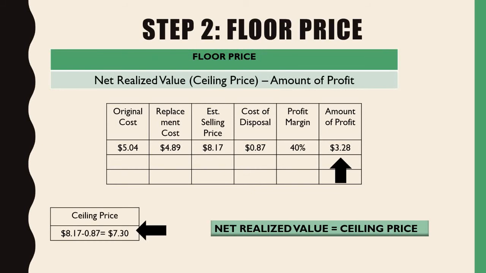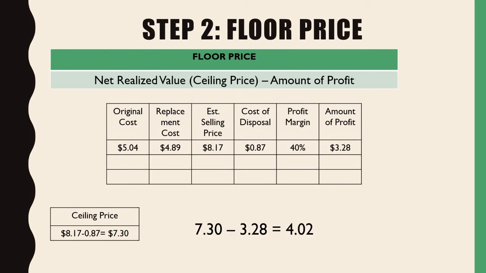Net realizable value is also known as your ceiling price, which is selling price minus cost of disposal, equal to $7.30. You take that $7.30 and subtract out your amount of profit, and your floor price is now $4.02. Okay?